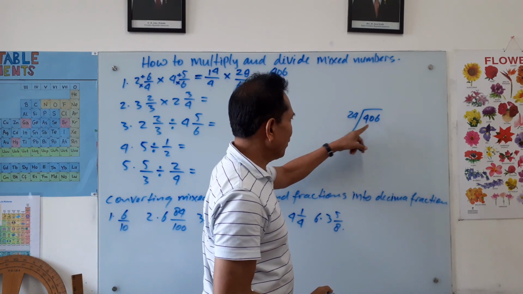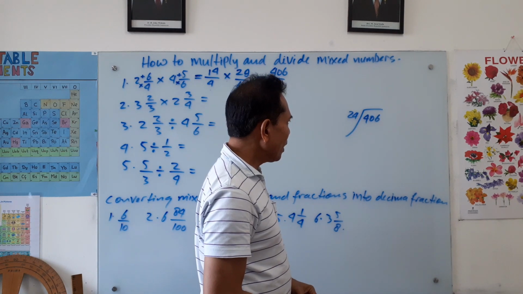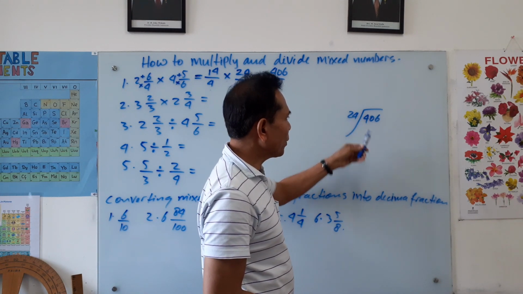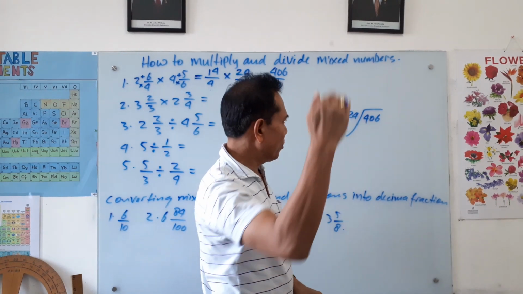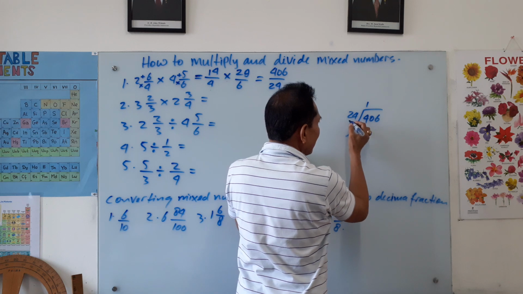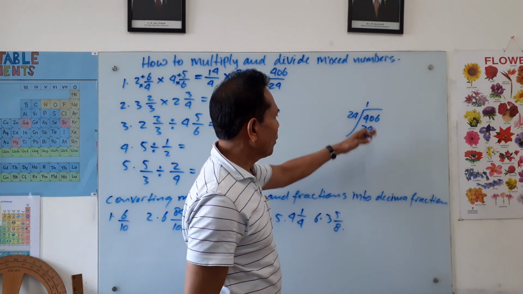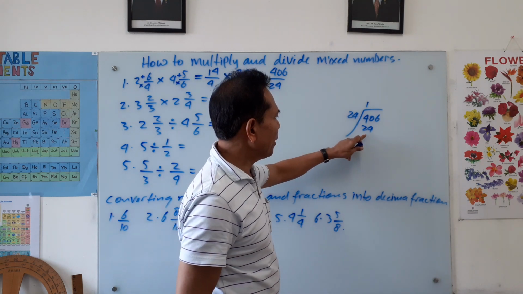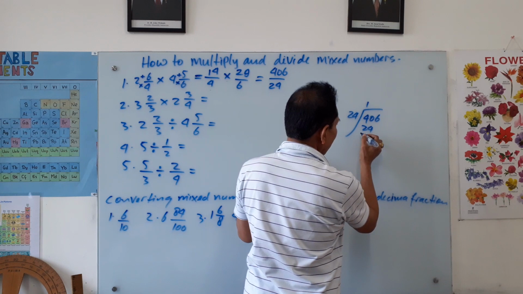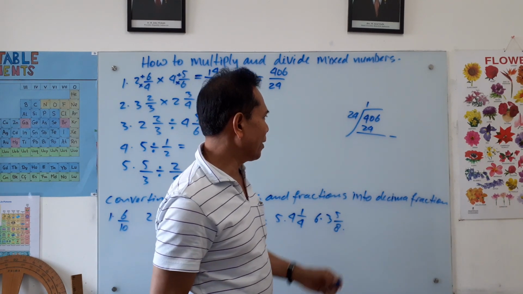We look at 24 and 40. If we take 2 here, then we get 48, so it's beyond 40. So let's take 1. 1 times 24 is 24. Now 40 minus 24. We put this line here, we put the subtraction sign there.